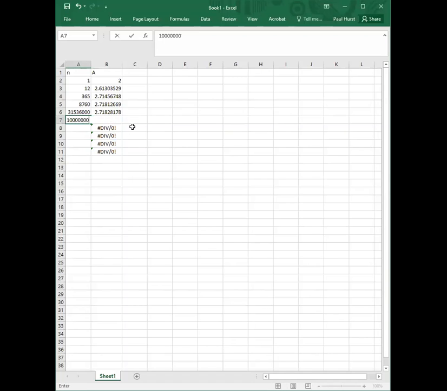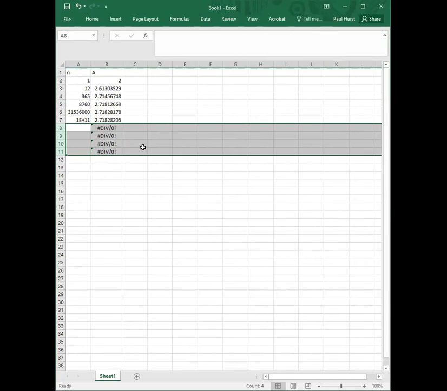Then we can make these numbers really big. Let's say we put a 1 with a bunch of zeros behind it, and even bigger. It might cause some weird things. This is weird because this is not right. This didn't work. Beyond that, we're starting to get weird values that don't make any sense, so we're just going to cut that off right there.